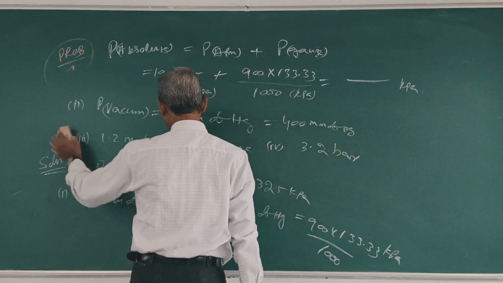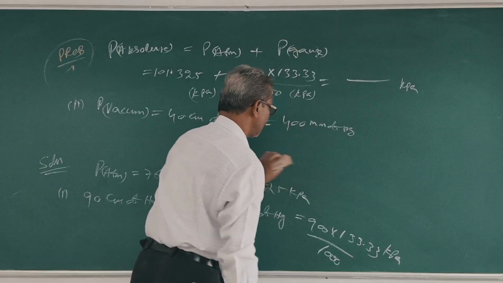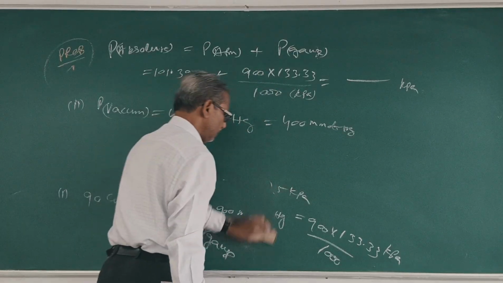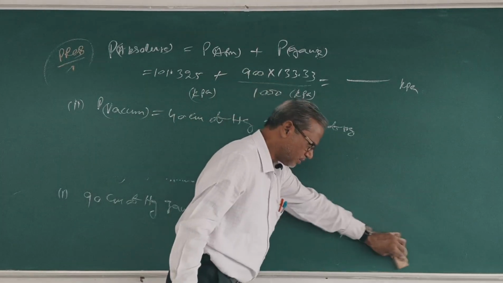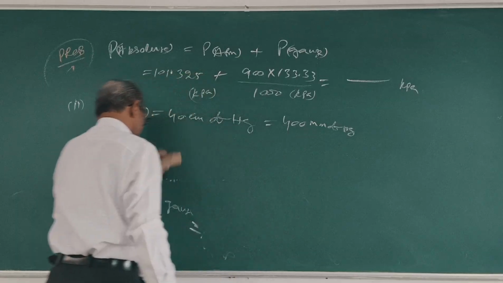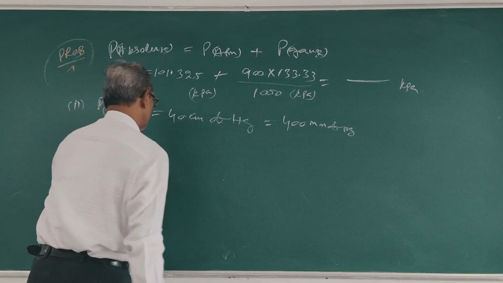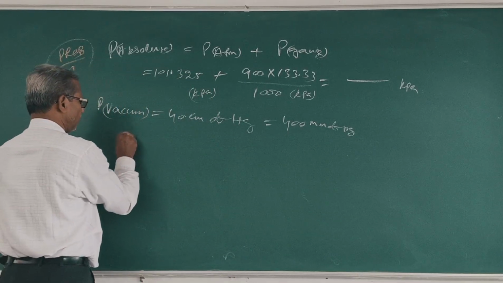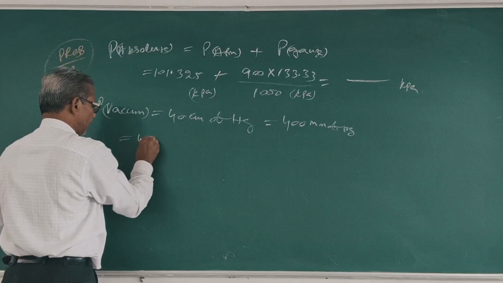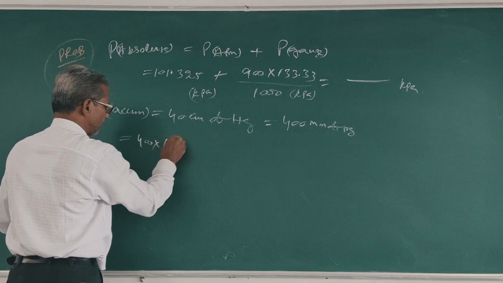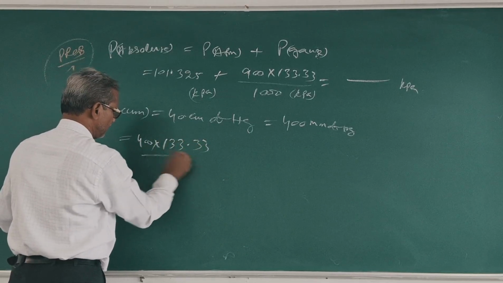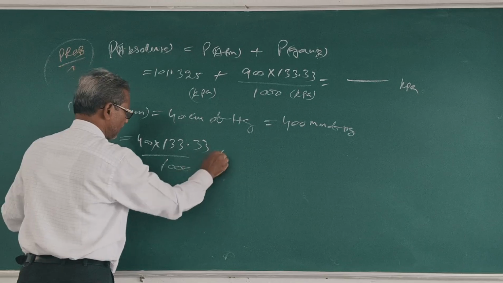Clear? So this is equal to 400 into 133.33 by 1000 kilopascal.